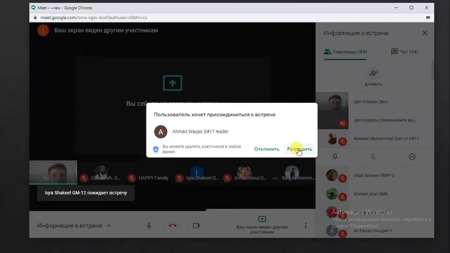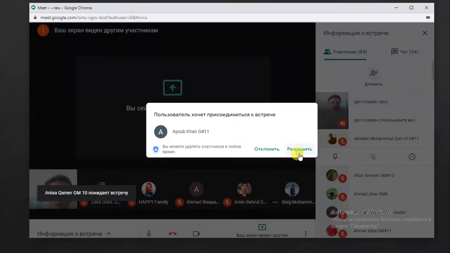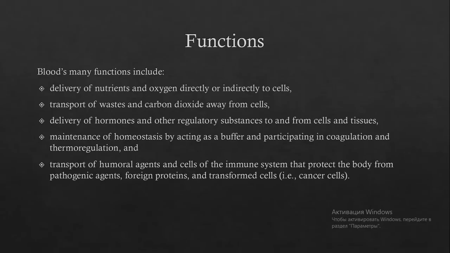Pumping out of this waste is one of the main functions of the blood. Then the third function: delivery of hormones and other regulatory substances to and from cells and tissues. And also drugs: if we administer drugs to patients, they're also delivered predominantly by blood.